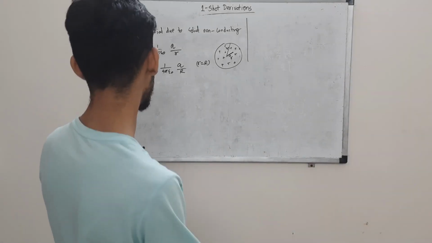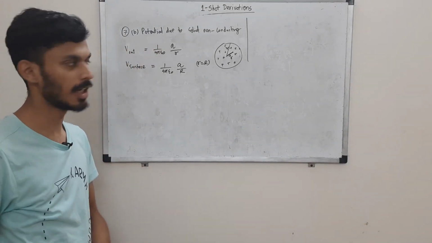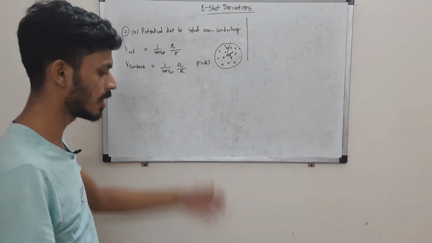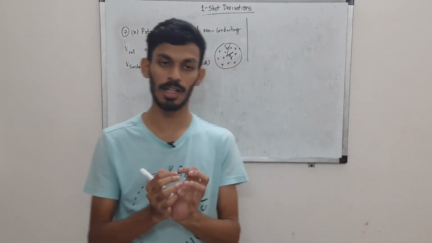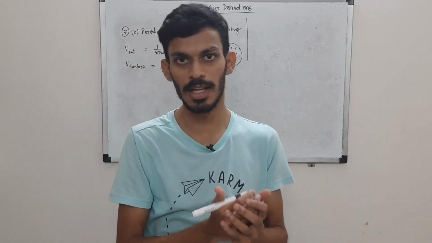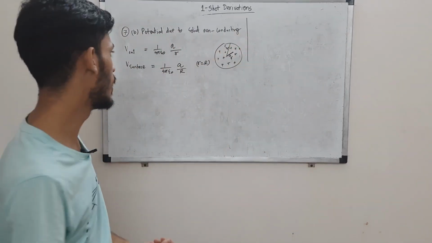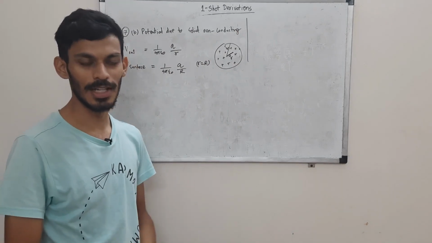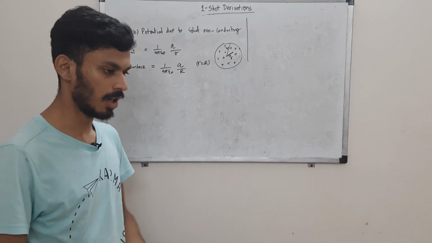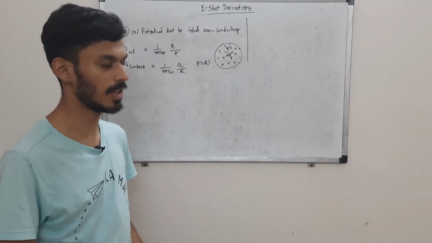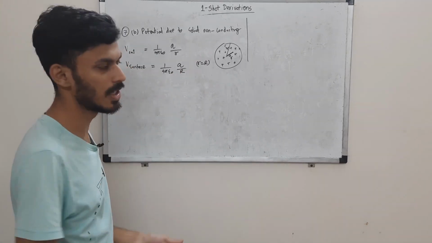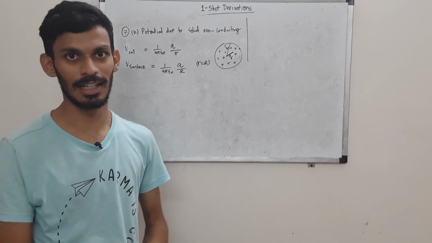B, wherein we'll be discussing potential due to a solid non-conducting sphere. So as I mentioned, the charges are uniformly distributed inside a non-conducting sphere. So here the charges will not move out to the surface since it is non-conducting by its very nature. One good news for you is that the potential outside this solid non-conducting sphere, and on the surface, will have the same relations as in the previous case.